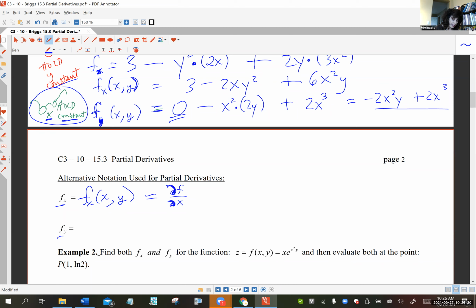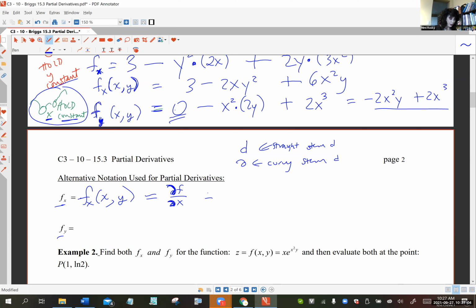Their stem is curvy, so not to be confused with a straight stem D. A straight stem D is not going away because we'll see those show up later this week. But the curvy stem D is how we denote partial derivatives from now on and forever. And if I see incorrectly written Ds on your handwritten work, I'm going to take a point off here and there for yucky notation, because yes, it matters.